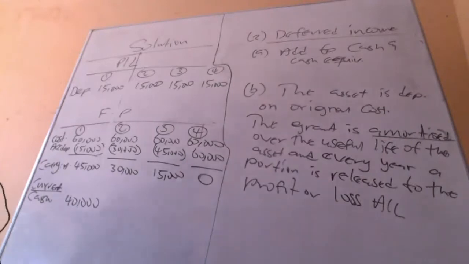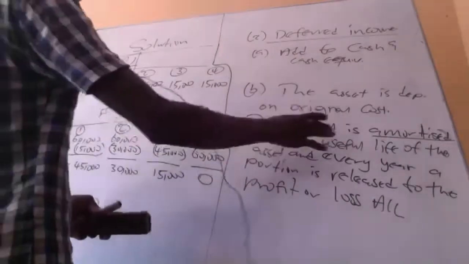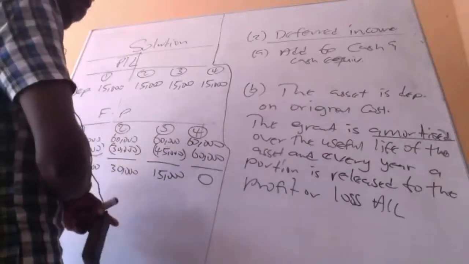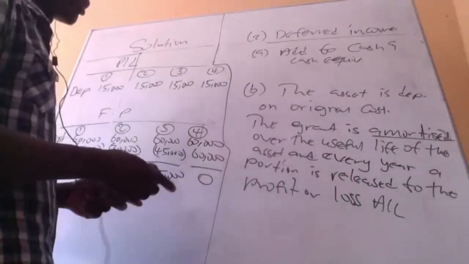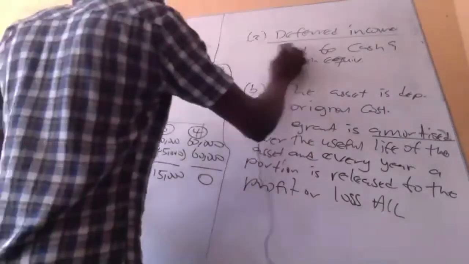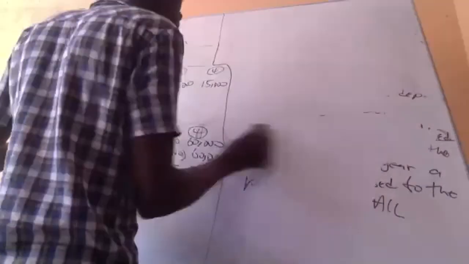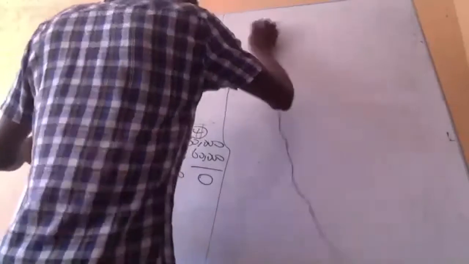Now be with me, it's a bit tricky. The grant will be amortized on its own, the asset will be depreciated on its own, and then you allow both to set off each other. I'll do that here so that you can compare for yourself.